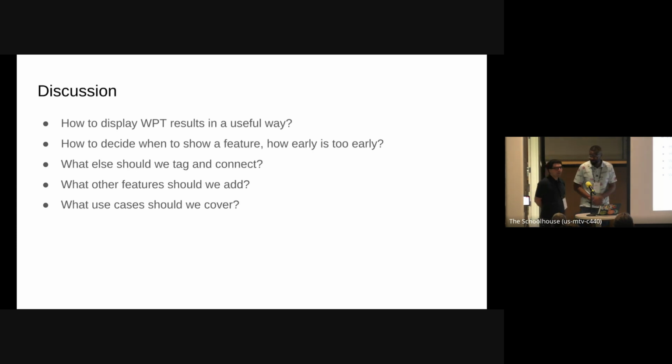One of the challenges currently is that MDN is the obvious choice for where you would link out to, but there is not a one-to-one mapping between a feature and an MDN page, because MDN is so much more granular. So we're currently looking into how we can actually find the representative page on MDN. And MDN itself is doing that too, because you want to talk about the baseline status of a feature.